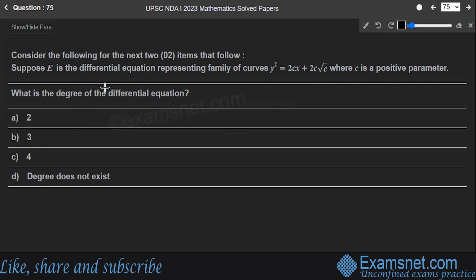Same statement is there. Now you have to find out the degree of the differential equation. Okay. So for finding out the degree of this equation, it's given by y square is equal to 2cx plus 2c under root c. Differentiating both sides with respect to x, you will get 2y into dy by dx is equal to 2c, right?